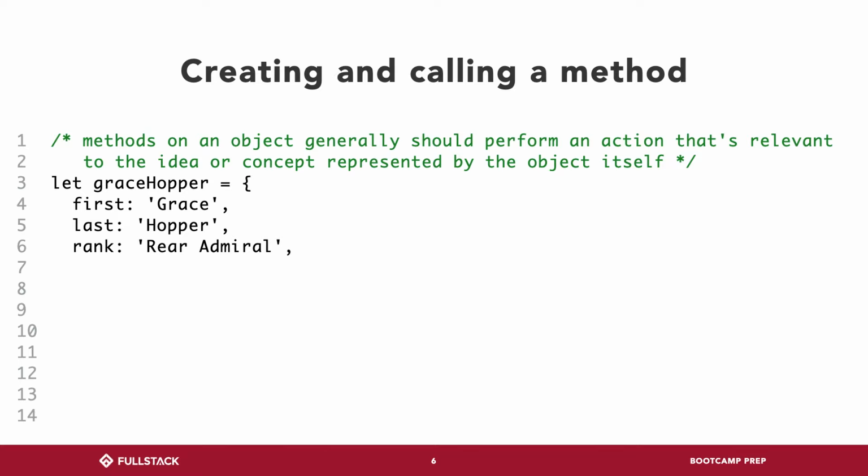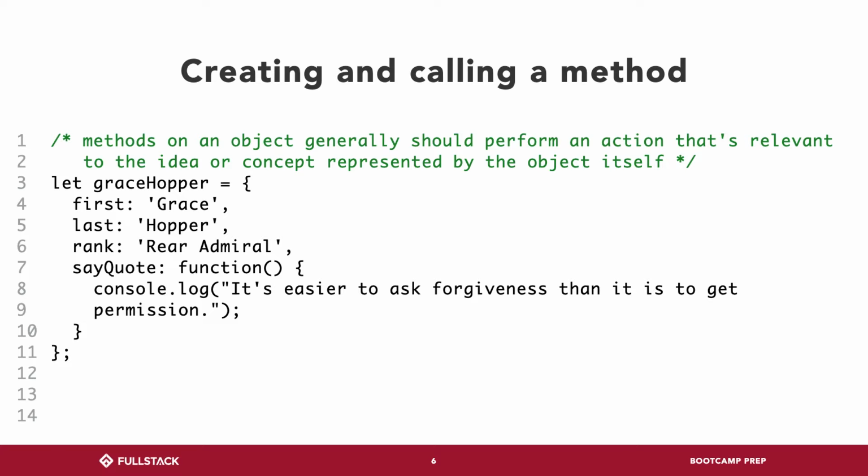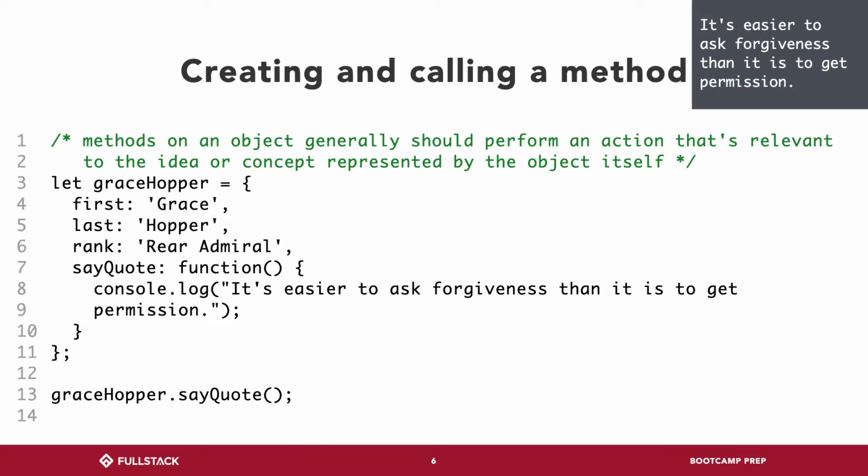Methods on an object generally should, this is like a best practice thing, right? They generally should perform an action that's relevant to the idea or concept represented by the object itself, right? So sayQuote, function console.log, it's easier to ask forgiveness than it is to get permission. GraceHopper.sayQuote. It wouldn't make sense if .sayQuote console logged a quote that wasn't from Grace Hopper, right?